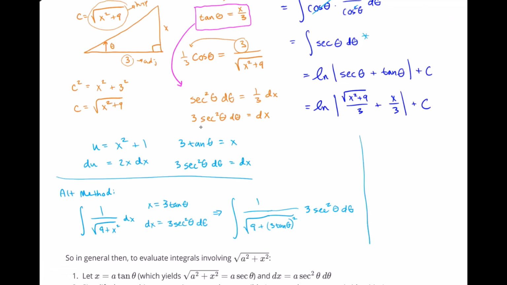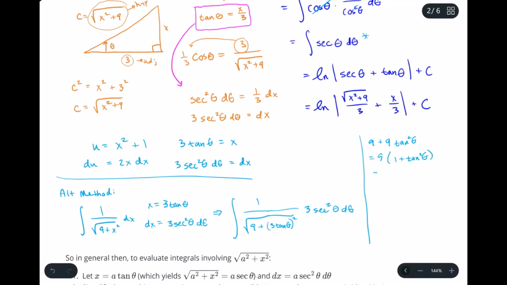Let me work on this part here first. So 9 plus, this would become 9 tangent squared theta, which would be 9 times 1 plus tangent squared theta, which you should remember as a Pythagorean identity as 9 secant squared theta. Okay, now all that's underneath a square root.